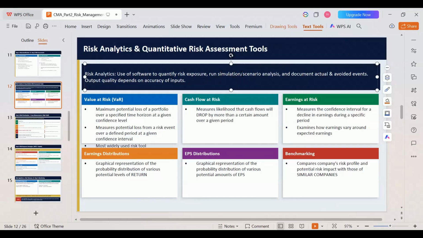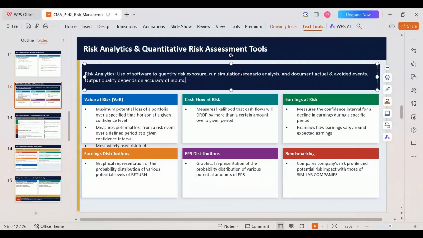In simulation analysis, all the external factors that are impacting a particular business scenario will be taken into consideration, and we will be evaluating for n number of times what could be the expected loss. So this simulation analysis, it's very tough to conduct manually.